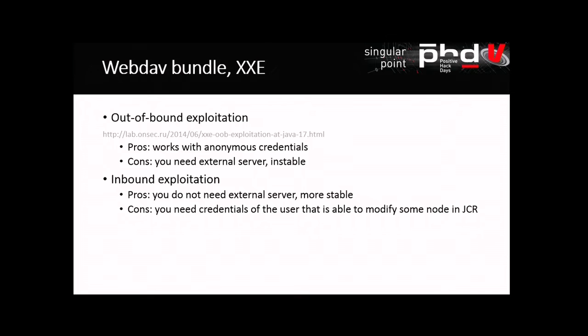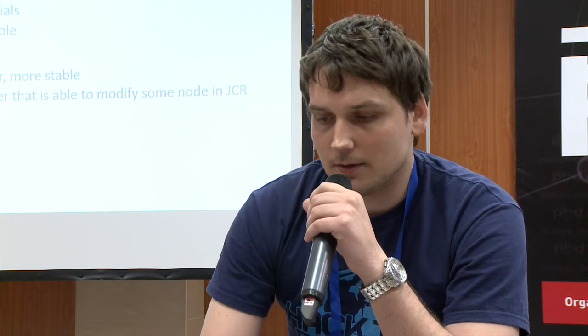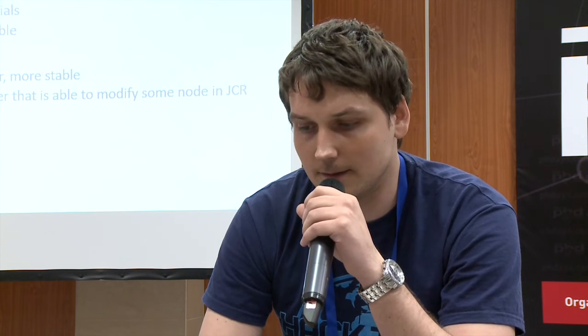Because for out-of-band exploitation, you don't need to have any credentials, just be anonymous. You simply send requests to WebDAV PROPFIND with the proper XML, and we get local files. But again, there are some disadvantages: we need a server, and this technique is not as stable as the regular technique of exploiting XXE.